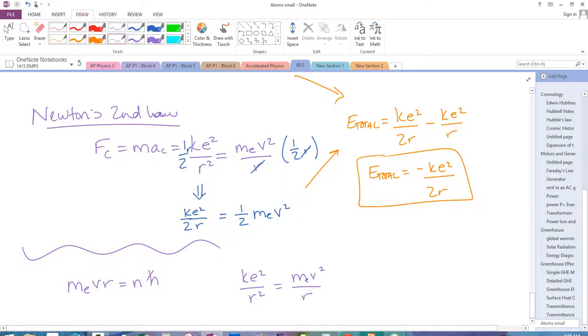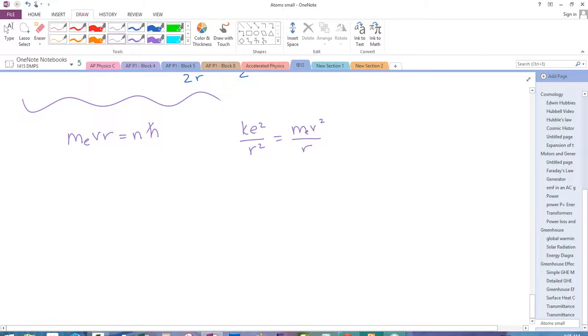And using these 2 equations, I'm going to let you do some algebra. I would like for you to come up with an expression for the radius. My recommendation would be to solve for v and plug it into the other one.